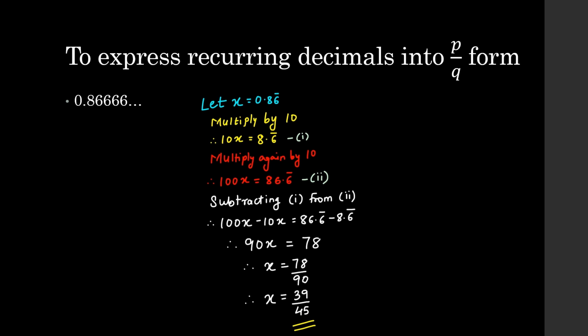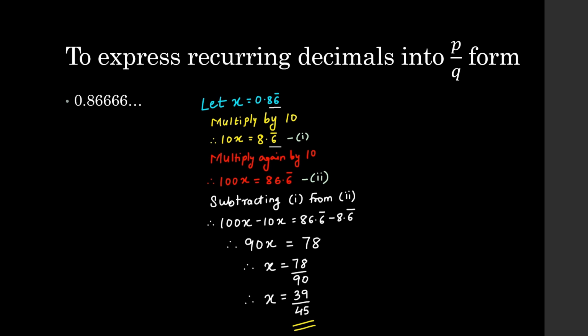First we'll multiply by 10, as one digit is repeating. We get 10x is equal to 8.6 bar. Now we cannot subtract x is equal to 0.86 bar and 10x is equal to 8.6 bar, as here after the decimal it is 86 bar and there it is only 6 bar. So we cannot subtract it like this.